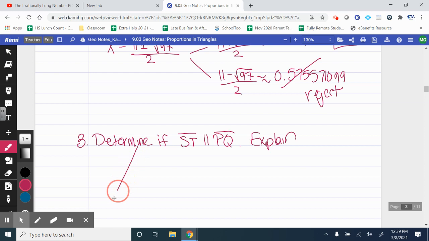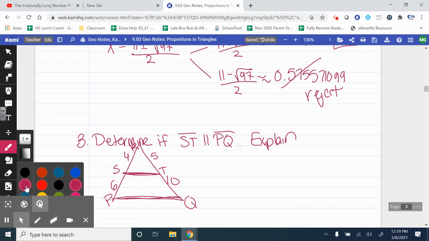So I'm going to give you a picture. So we have 4, 6, 5, and 10. We want to know if ST, this up here is R, down here is P and Q. We want to know if ST is parallel to segment PQ based off of that given information.